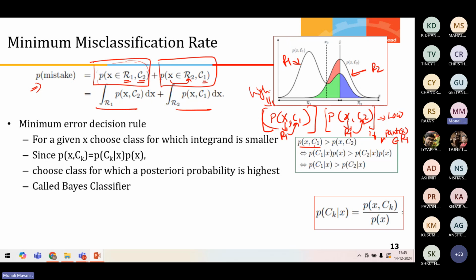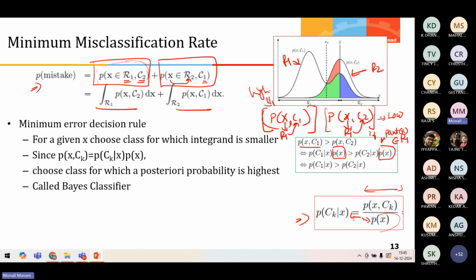So now what is this? We can apply the Bayes rule. This joint probability we can easily get by multiplying the marginal probability and the posterior probability. Just get rid of the denominator, on both sides we can get rid of this. Mathematically, we want the joint probability of X and C1 greater than the joint probability of X and C2.